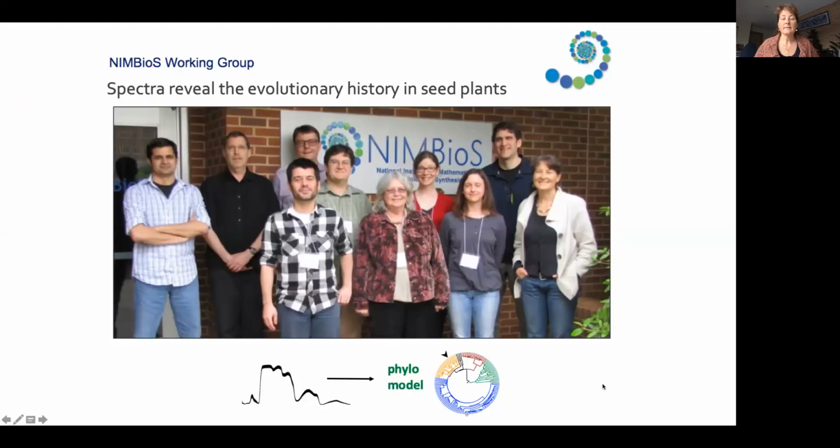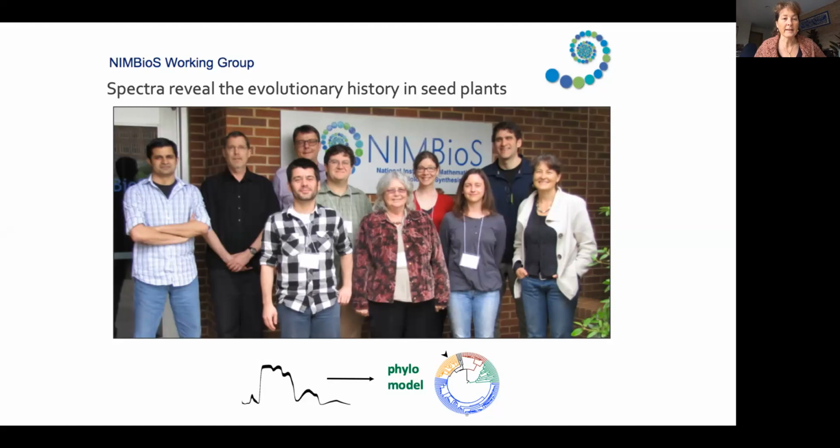So this pretty obvious linkage between the high dimensional information contained in spectra and phylogenetic information led us to start a working group through the National Institute for Mathematical Biology and Synthesis, and have people bring together their leaf reflectance spectra and conduct a series of analyses and phylogenetic modeling approaches to see how well leaf spectra reveal phylogenetic information.